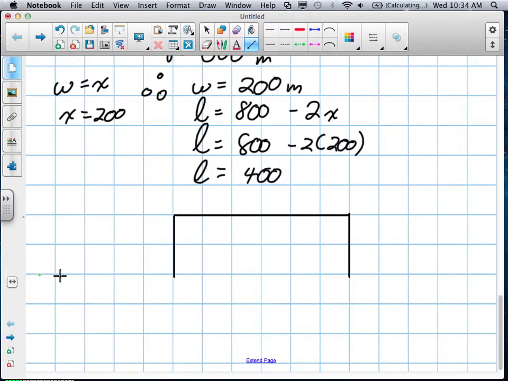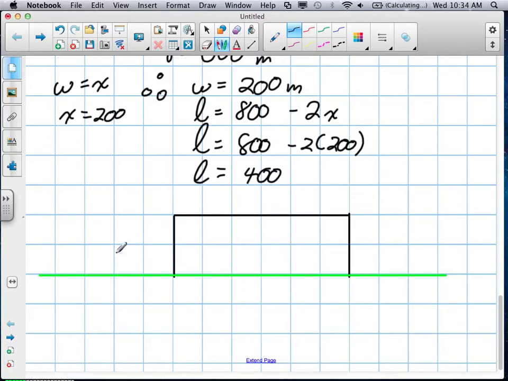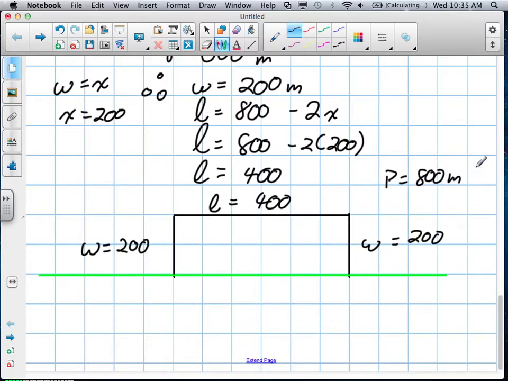This is our country road that's already fenced across. Our width is 200, which means this width is 200. And the length we had found was 400. Well, when we add 200 plus 400 plus 200, we get our total perimeter of 800 meters. That's perfect. He used all of the fencing. We maximized the area at 80,000 meters squared.